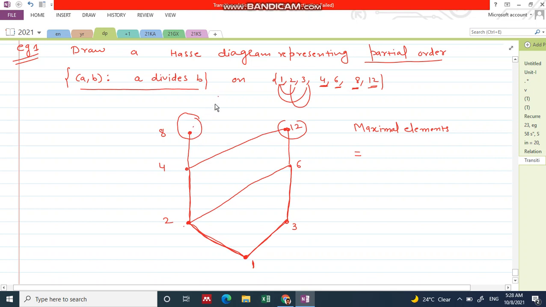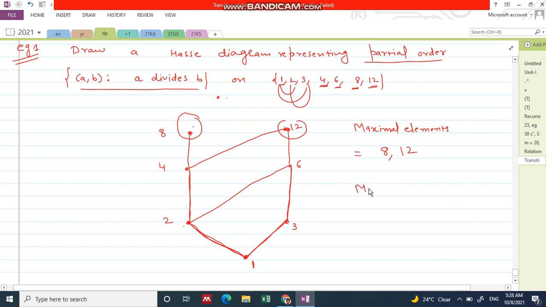In this diagram, 8 and 12 are not connected further to any element, so the maximal elements here are 8 and 12.